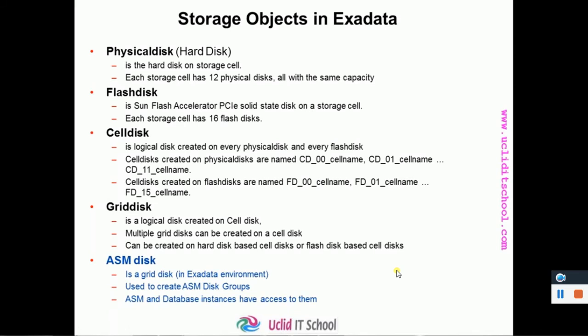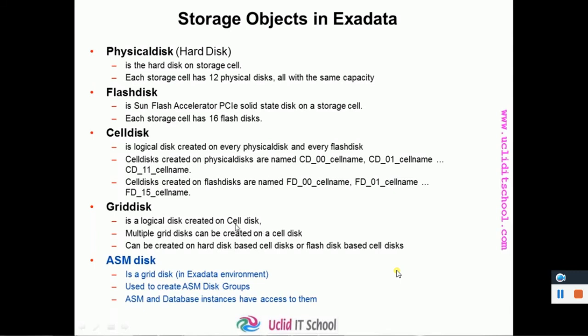Every hard disk is detected inside the storage server as a LUN. On a LUN, we create a cell disk. And next, on a cell disk, we create grid disks. So grid disk is again a logical disk created on a cell disk.